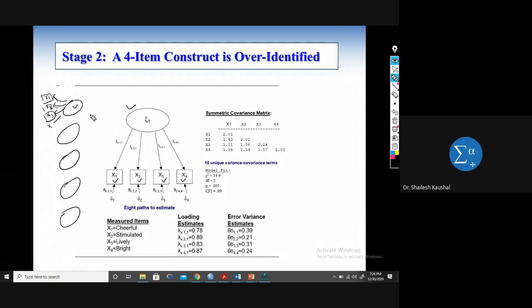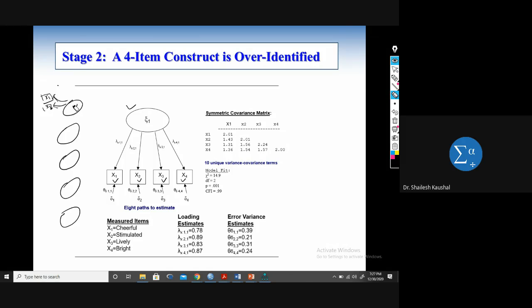So there is a limit, you cannot take less than 3. If you are taking only two variables x1 and x2 in one factor, then your model cannot be run in AMOS, it will not run.